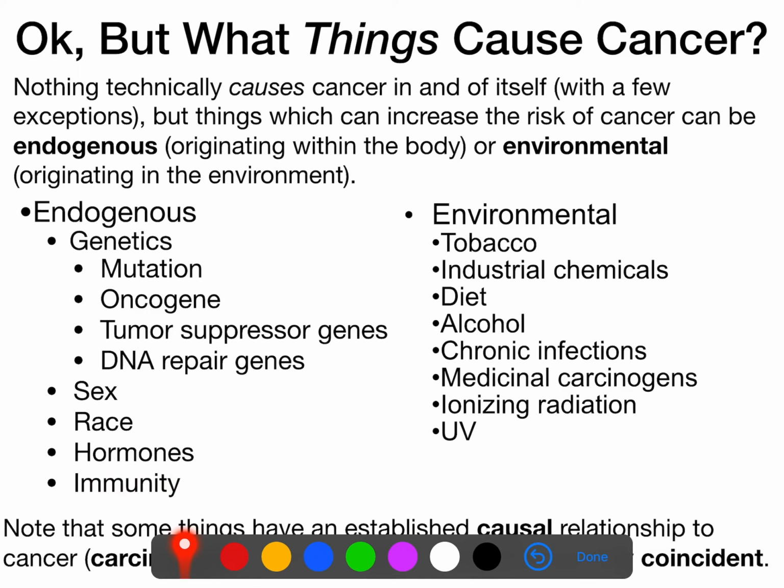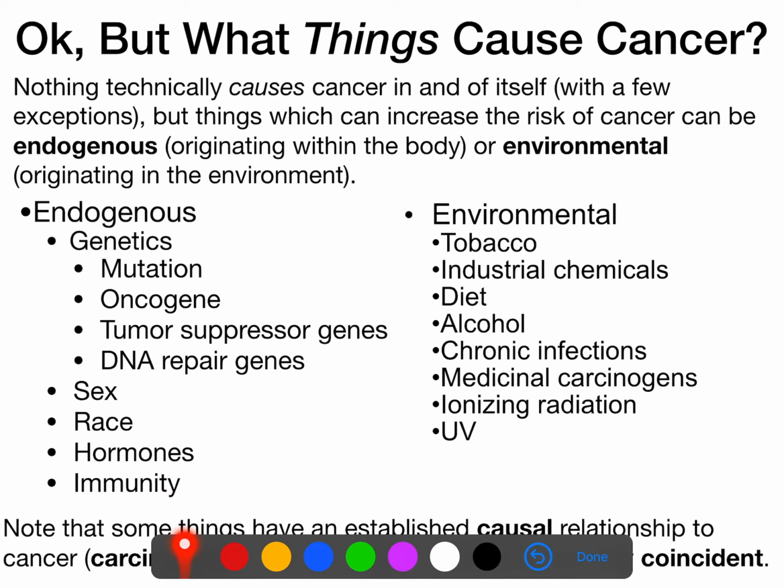Hormones. Yes, hormones control a lot about how your body uses cells. And so if you have more or less or different types of hormones, that can be an endogenous factor, and your immune system, right?